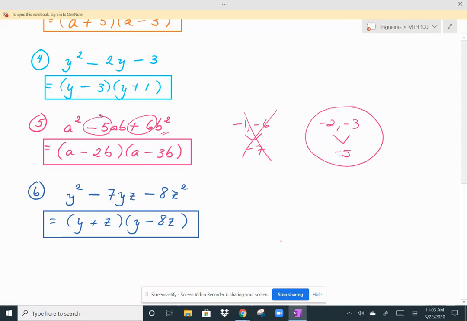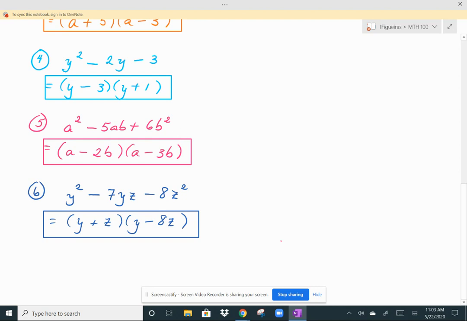So my factors are a minus 2b times a minus 3b, and that will give you the factors of the original polynomial. All right, so here's another one with variables in all positions.